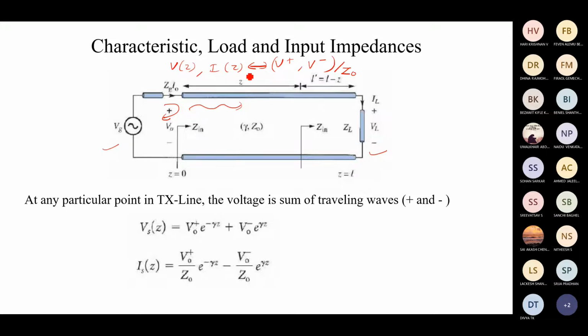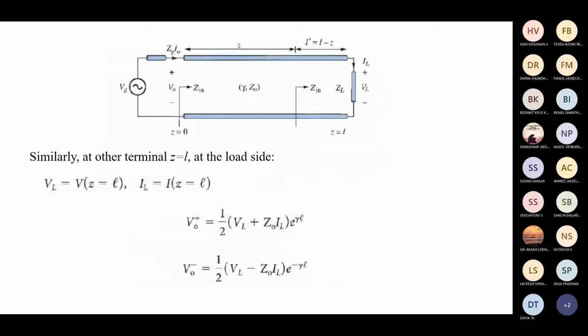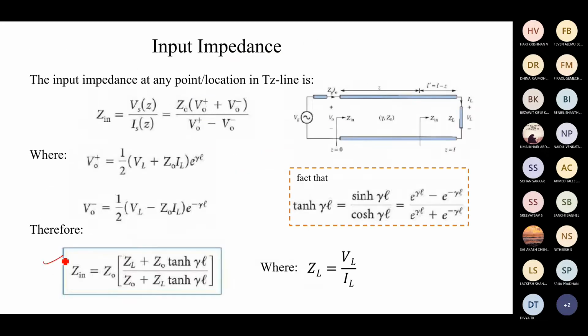This is the most important reason it is often normalized by the characteristic impedance. We worked out the expression for the input impedance, and this depends on the length. When the length changes for the terminated load impedance, the input impedance will change.